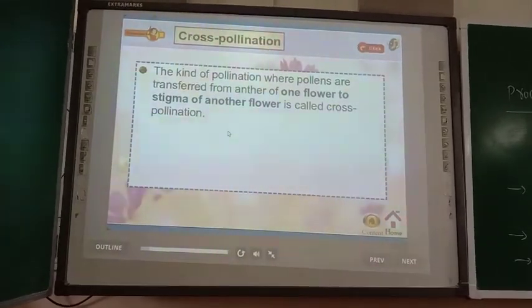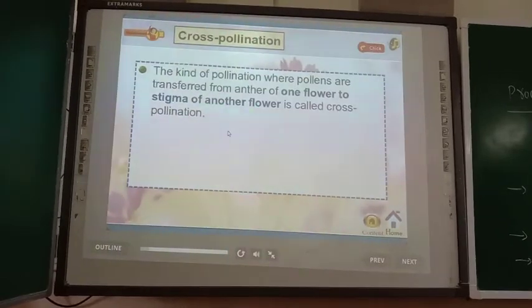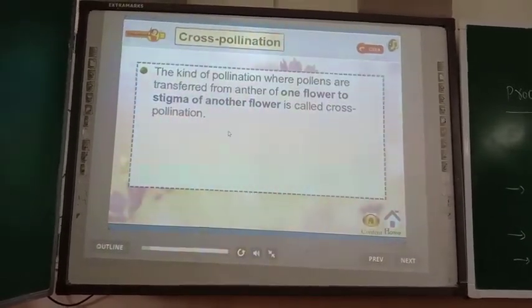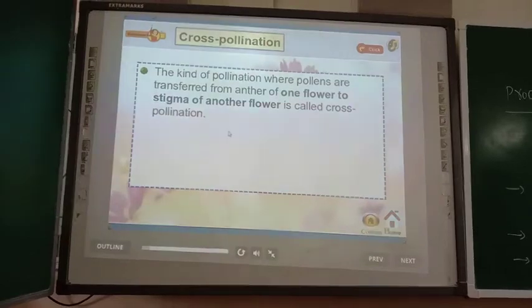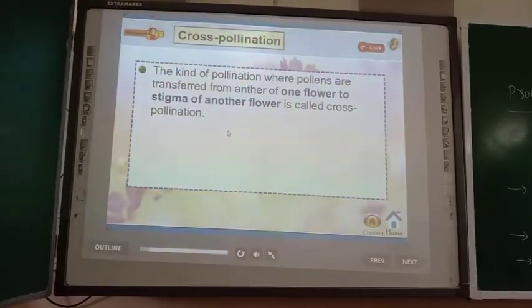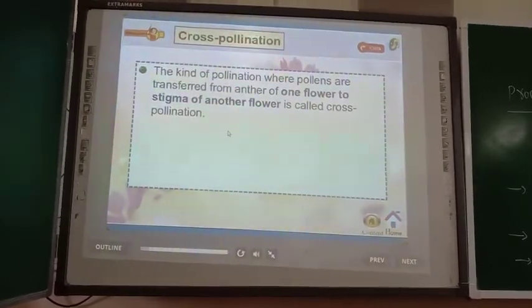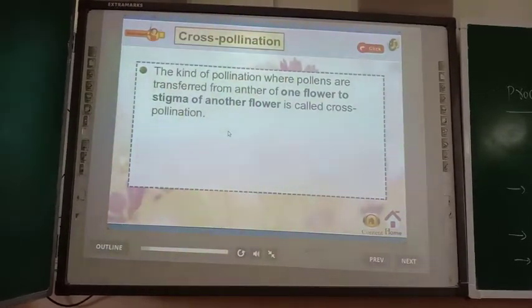Next we shall look at what happens in cross-pollination, the kind of pollination where pollens are transferred from the anther of one flower to the stigma of another flower of the same species. Okay, so what is cross-pollination?